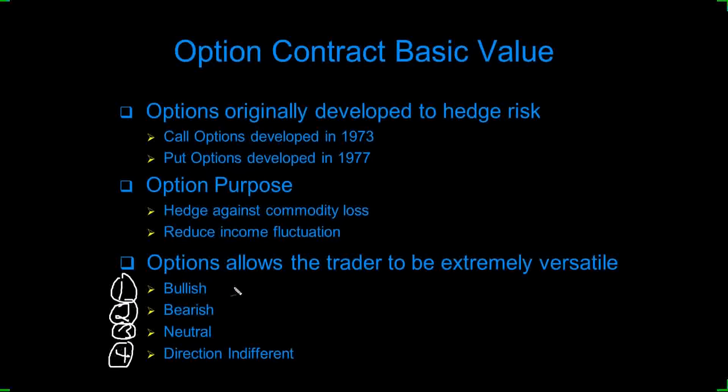And then I would say have 2 strategies for each one of these. If you do 2 strategies for each one of these, then you'll be fine. So that gives you basically 8 strategies that you want to master.